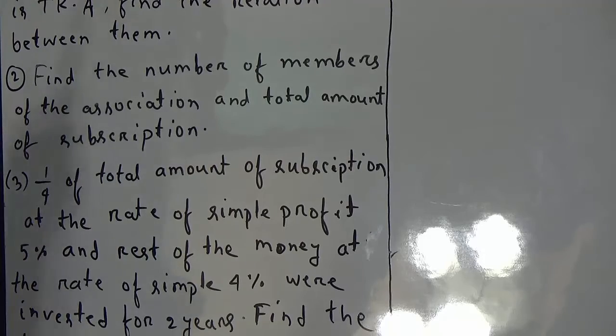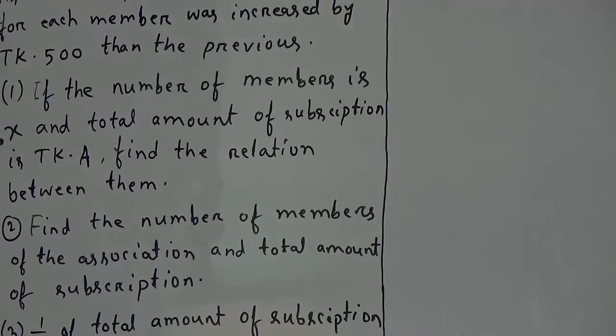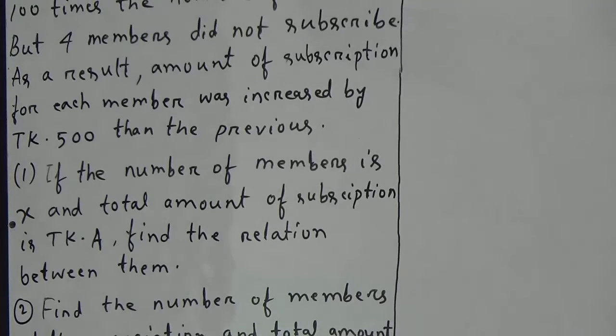As a result, amount of subscription for each members was increased by TK 500. Dear students, if 4 members did not subscribe, then the number of members who have subscribed will be X minus 4, and in this case each member subscription will be increased by TK 500.